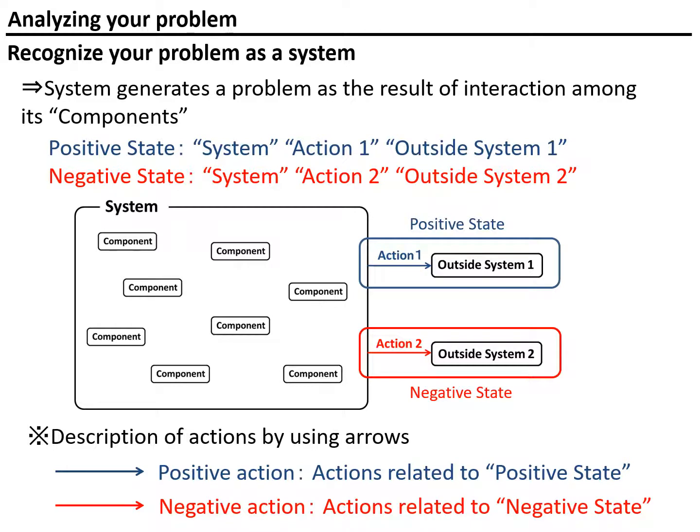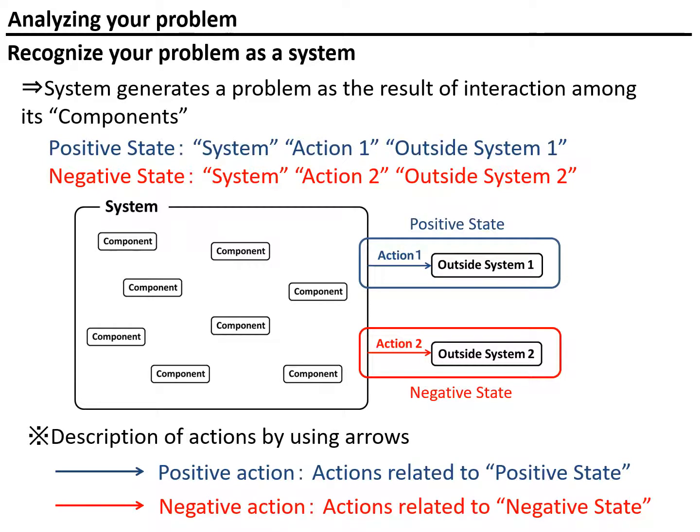I would call this outside system 1. Our negative state is similar to positive state, and could be described as a function, a combination of system, action 2, outside system 2.